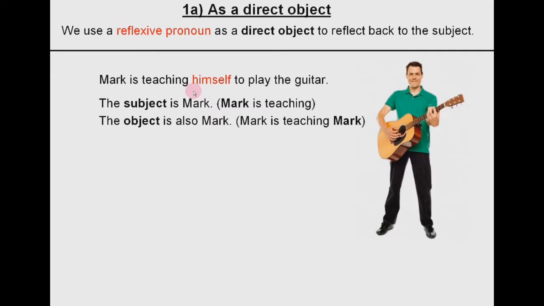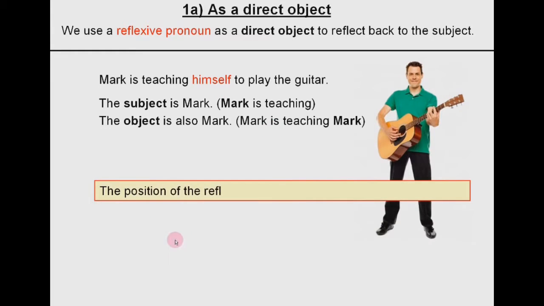So we use a reflexive pronoun, and it is male, so it is himself. The position of the reflexive pronoun is immediately after the verb. So you can see the verb here, teaching, and then we have the reflexive pronoun.